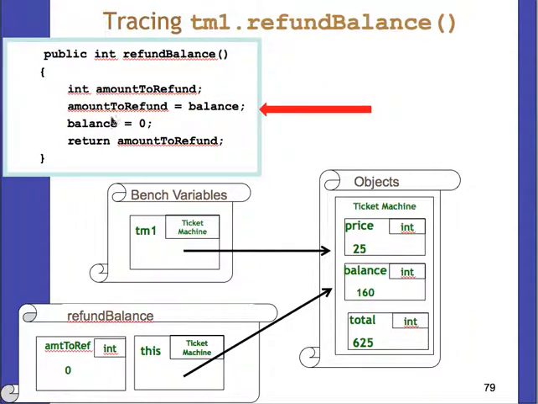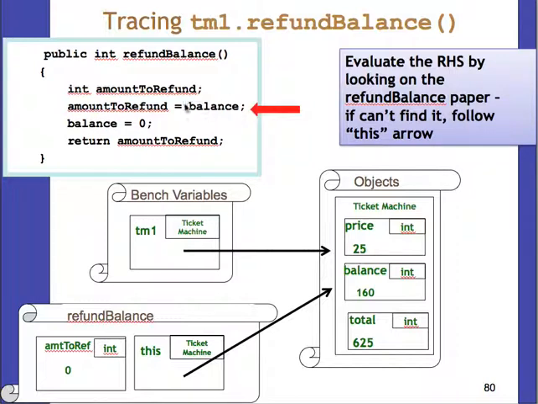Okay, next line of code. This is amount to refund gets balance. Of course, we always evaluate the right-hand side and then put the answer in the left. So we're going to look first on my piece of paper called refund balance and see if I can find something called balance. All right, and if I can't, then I'm going to follow the arrow from this. And I'm going to look at the object that arrow points at, and I'm going to say, do I have a variable called balance there?